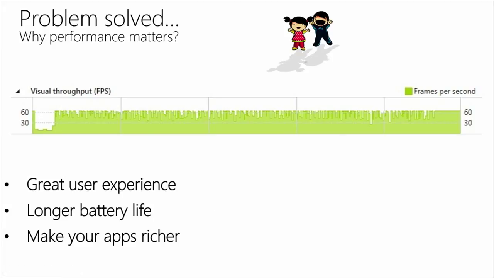Because we use less CPU, remember CPU, GPU, all the UI responsiveness contribute to our battery life and power consumption. So go back to the things you learned at the beginning. It will help you have better battery life when you're playing this game. So everybody will be happy. Because you're saving battery life, you could run all the other apps at the same time, so make your apps richer.